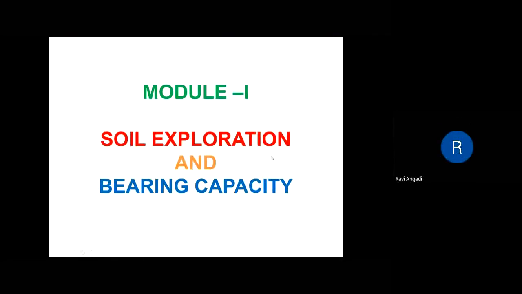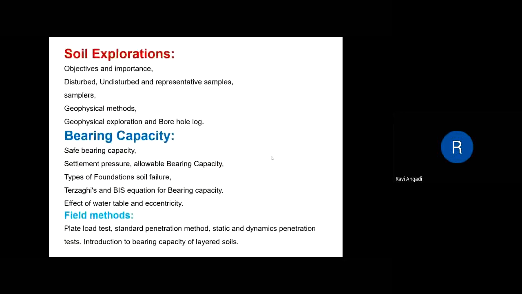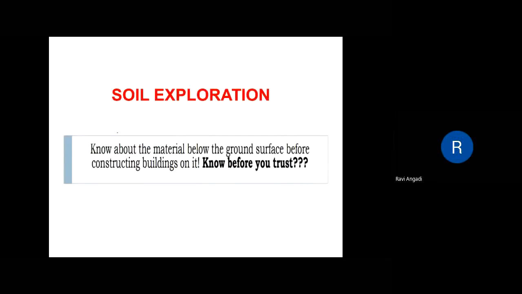So we have started module number 1, that is soil exploration, in the previous class. In the previous class, we discussed the objectives and importance of soil exploration. In today's session, we'll continue with soil exploration only.